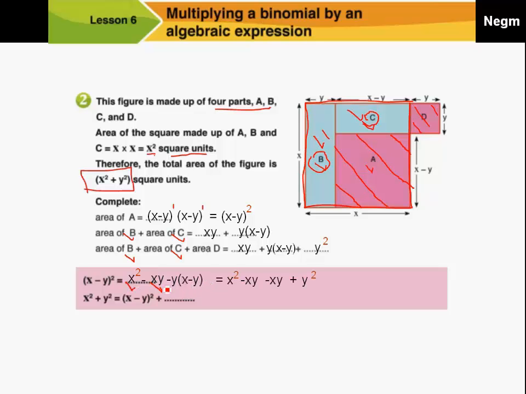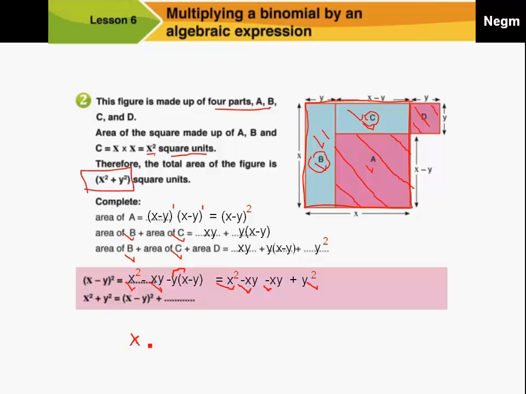This equals x squared minus xy, then y times x is minus xy, and minus y times minus y is plus y squared. So x minus y to the power 2 is x squared plus y squared minus 2xy.